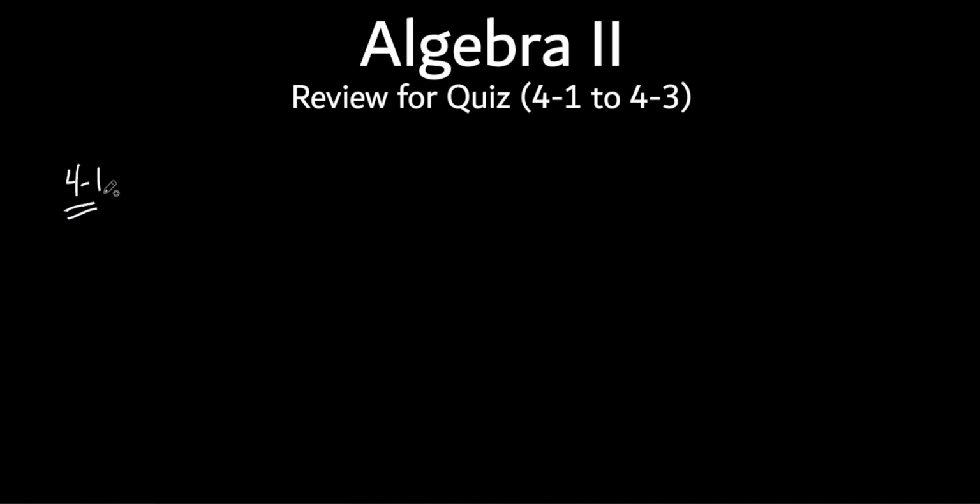All right, so what I'm doing is I'm just looking at 4-1, so you might want to do it as well, okay? Open your books to 4-1, and let's go through here and see what kind of stuff I might put on a quiz.